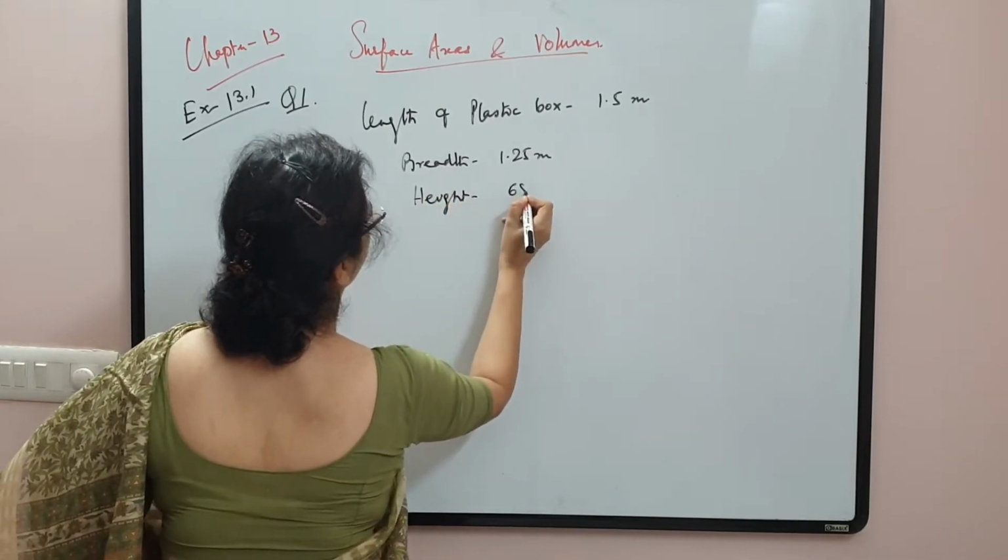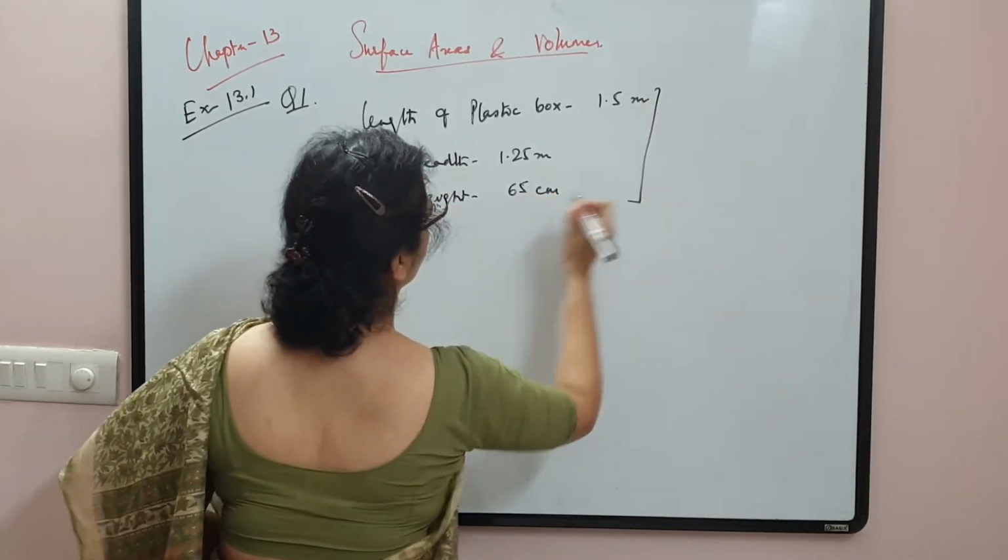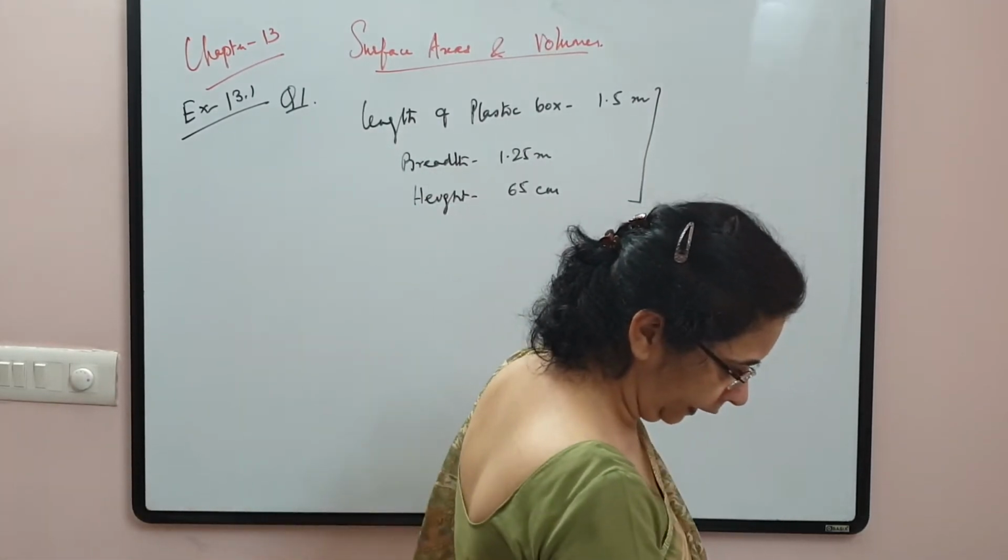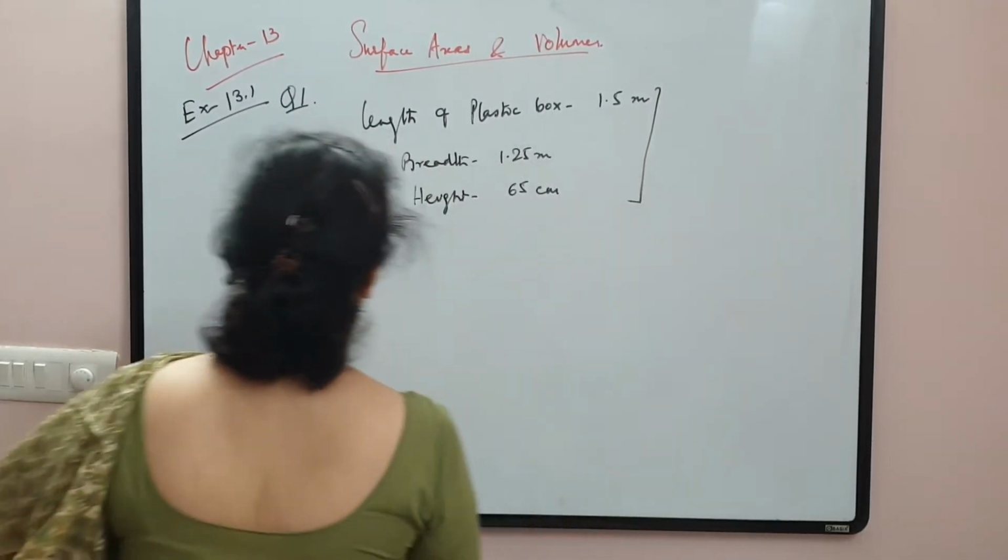Height is 65 centimeter. Now children, what do they want of you is the area of the sheet required for making the box.